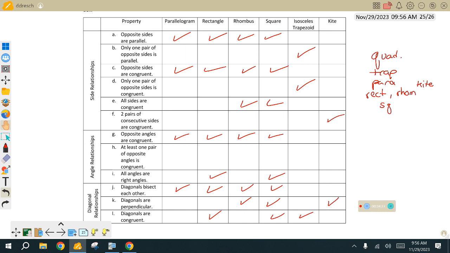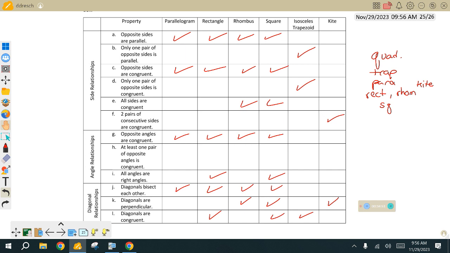In an isosceles trapezoid, all right, I'm drawing a blank actually. Let me double check that one. I don't know if I said anything about the adjacent angles, but not the opposites. Okay. And then the kite, those are not as well.